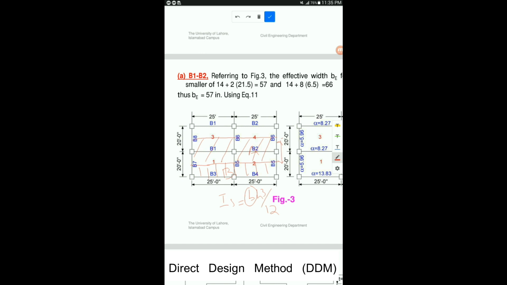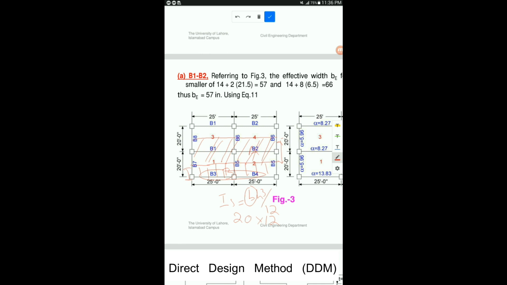Because beams B1 and B2 are lying in rigid frame A, the width B for this one will be equal to 20 feet, and you're going to convert this 20 feet into inches by multiplying with 12. However, when you are calculating the moment of inertia for the slab for beams B3 and B4, because these are lying in the exterior rigid frame, the width will be this one, which is 10 feet.